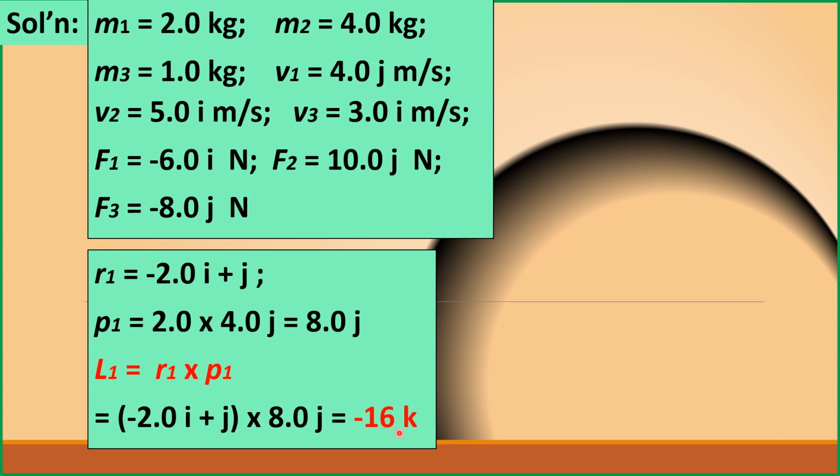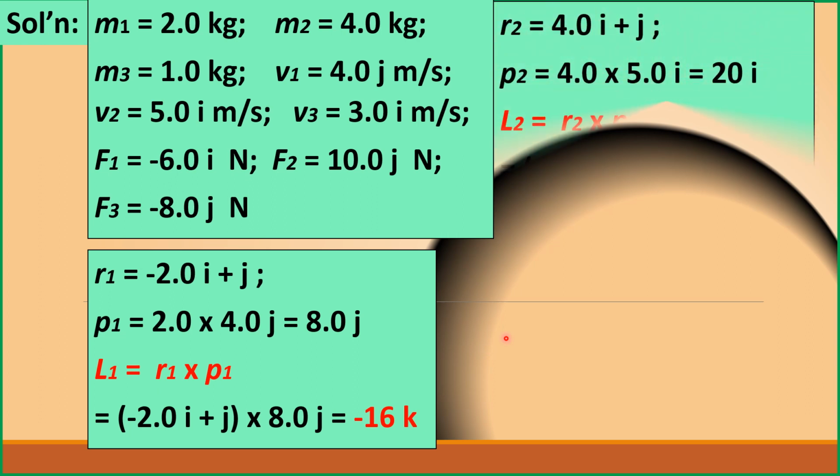When you do your right hand rule, you will find out that the direction of the vector product will be along the negative z axis. The vector product of j cross 8.0j is understood to be equal to 0. That means negative 16k is our final value for the angular momentum of particle 1.